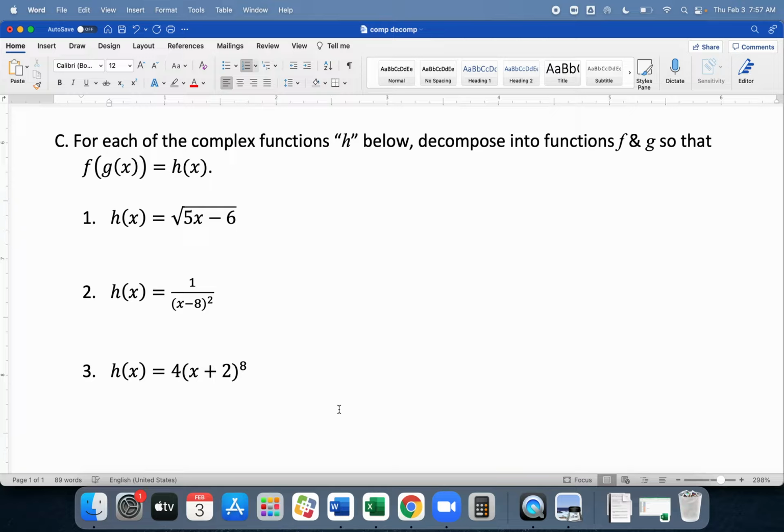Now, this seems like a weird thing to do. It's like, well, it's nice to have it all condensed into one. Yes, it is. But in calculus, some of the things you're going to need to do is think about the separate components of a function, especially if they're different types of operations. Adding and subtracting are kind of similar to one another. Taking a square root is a completely different sort of operation.